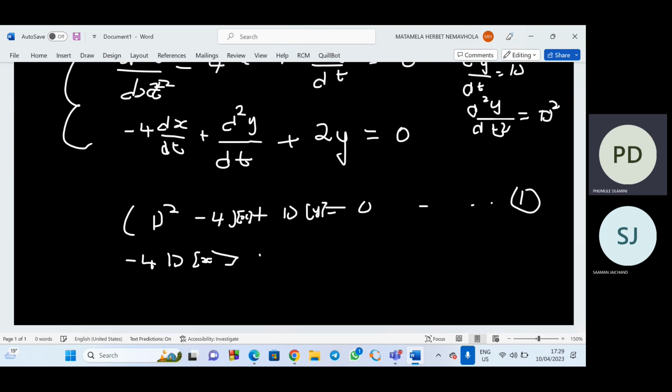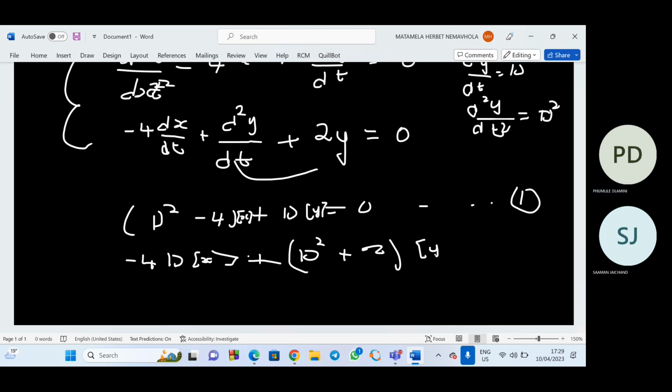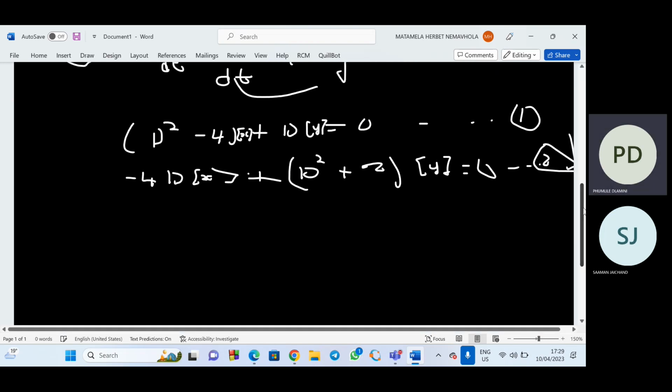Then plus, now these two are in the same form, so it's going to be d squared plus 2. I can bracket this in the form of y. Then this is going to equal 0. We can name it equation 2. Now we have converted it to the form of d.